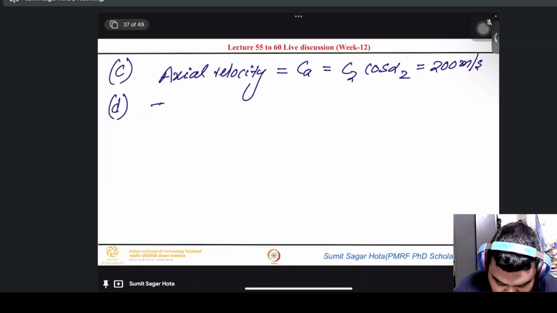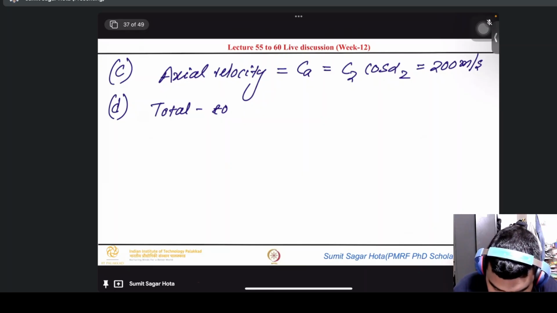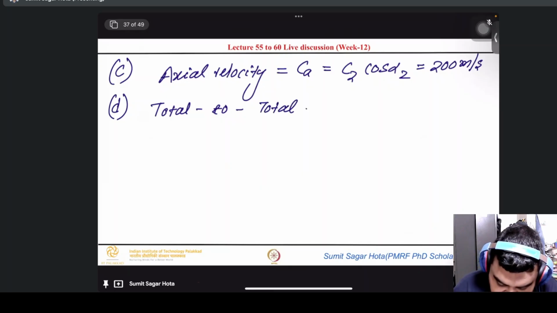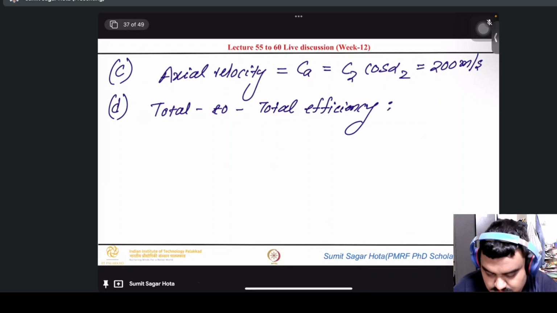The next will be total efficiency. So what is total to total efficiency?